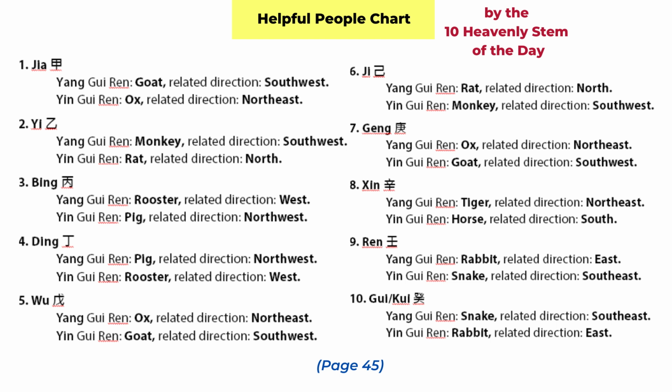For example, the Jia day, the Yang Guiren is the goat animal sign, and the related direction is southwest. And the Yin Guiren is the ox sign, and the related direction is northeast. And you can use this information any way you like.